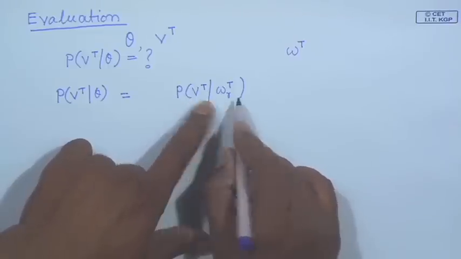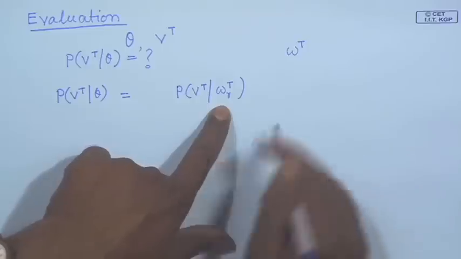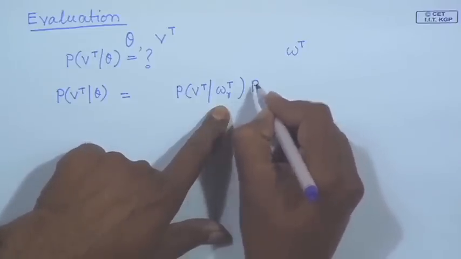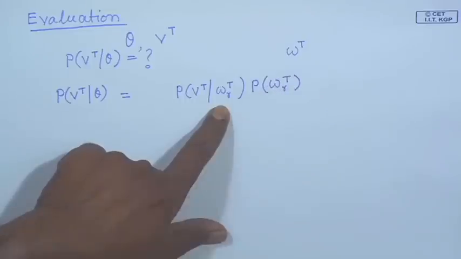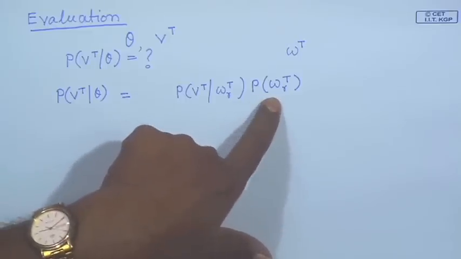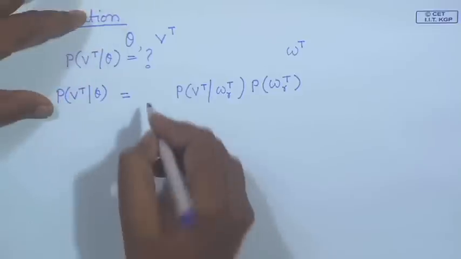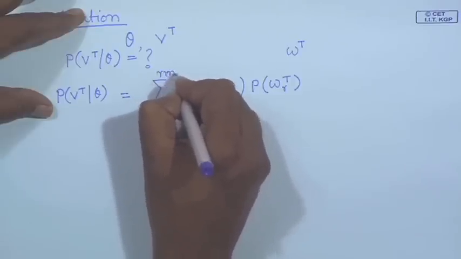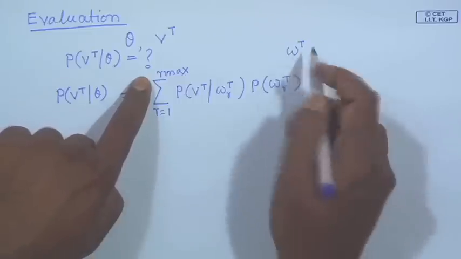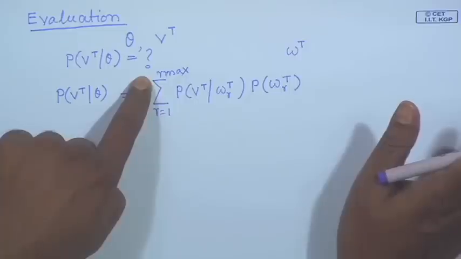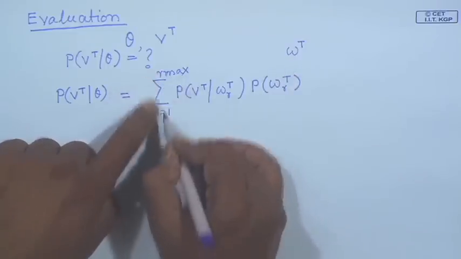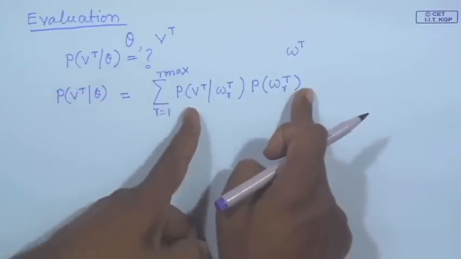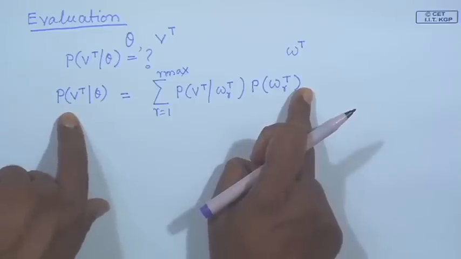So, I find P(V^T | omega_r^T), to be multiplied by P(omega_r^T), that is, the probability that this r-th sequence occurs. If I take the summation for r equal to 1 to r max, where r max is the number of such possible sequences that I can generate, then what I get is P(V^T | theta), the probability that this sequence of visible states V^T is generated by this model theta.